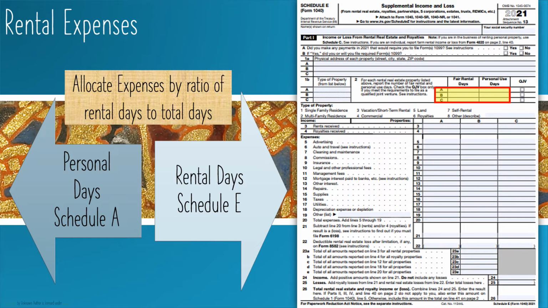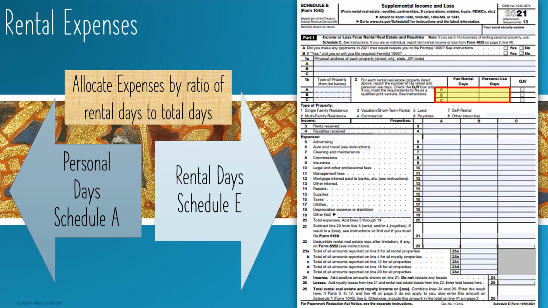So the allocation of these expenses can be based on a ratio of days. So it would be like the rental days to the total days in the year. And for personal days, those indirect expenses would go to Schedule A if they were deductible kinds of expenses. And we'll be having our itemized deduction lesson a little bit later, so you'll be aware of what those are.